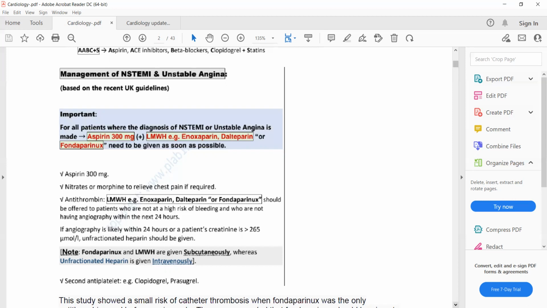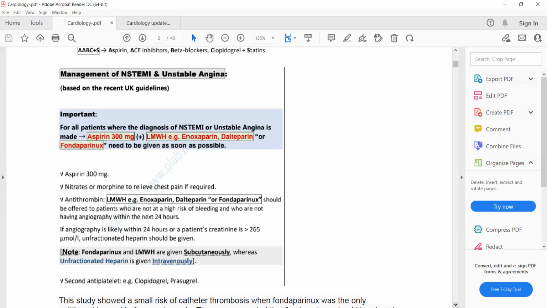So again, a short summary in the management of non-ST elevation MI and unstable angina: aspirin 300 milligram, morphine for pain, or nitrates can also be given to relieve pain. Now we are going to decide if we need to give low molecular weight heparin or unfractionated heparin.